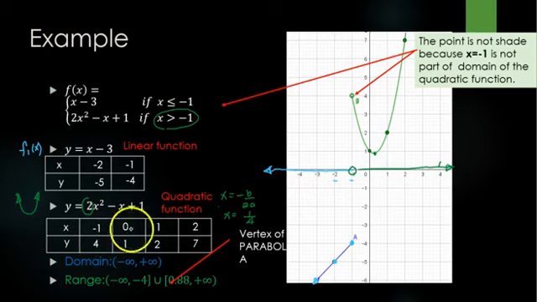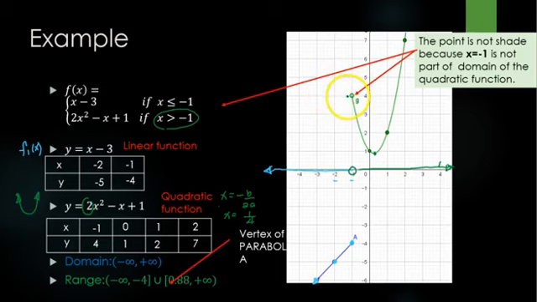Then I'm going to plot the points. You see here the points, and then you can just draw your parabola. But take note of the difference. This one here is not shaded because -1 is not part of the domain of the quadratic function. If you look at the arrow here, there is no equality. Hence, we have here an unshaded circle.